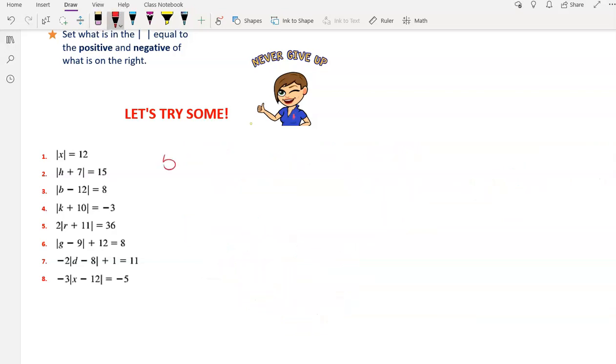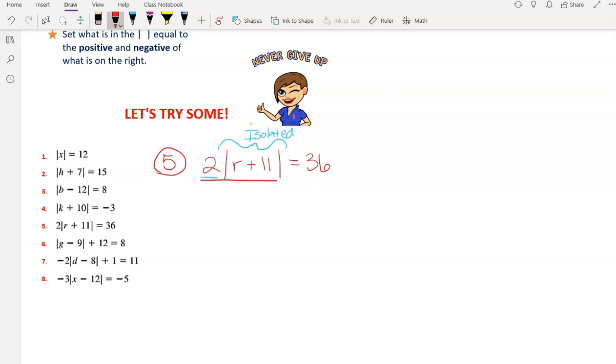Okay, we are back. We're ready to try number 5. We have 2 times the absolute value of r plus 11 is equal to 36. Well, first of all, we have not isolated what is inside our absolute value. This has to be isolated, and it's not, because we have a number with it. So we have to get rid of that first. This was multiplication.